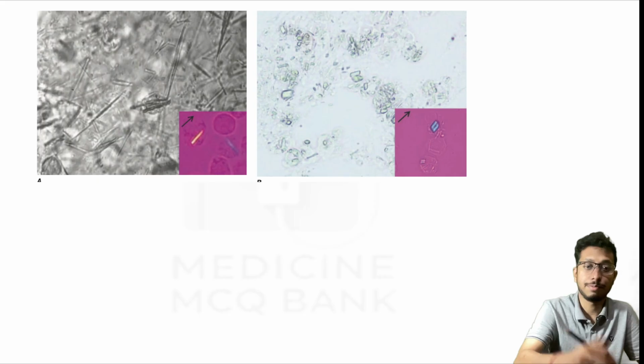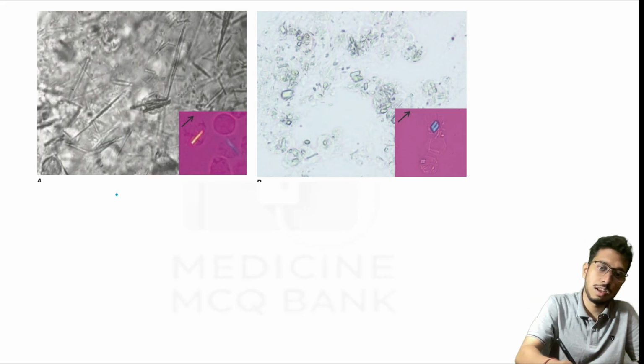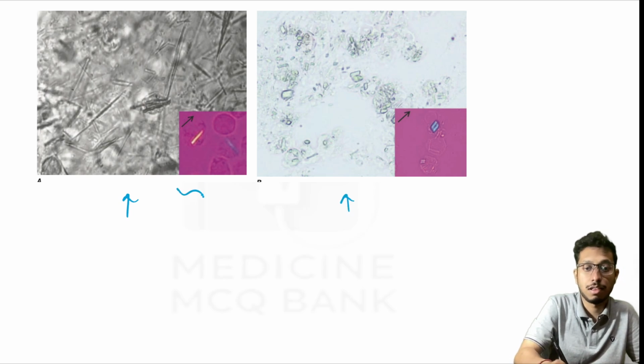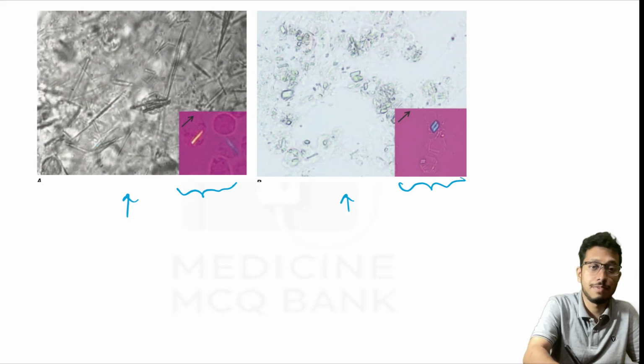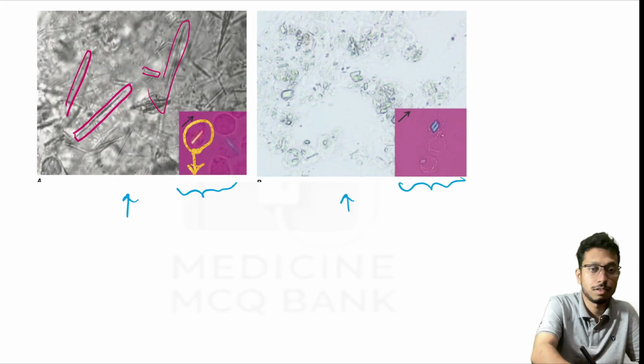So, as you can see here, there are two types of crystal examination, and this is the image given in polarized light microscopy. In normal light microscopy, you can see the needle-shaped crystals available, and in polarized light microscopy, you can find these needle-shaped crystals are yellow in color.